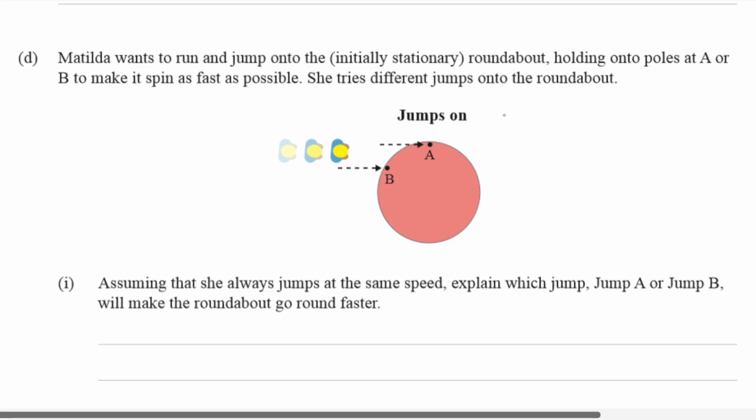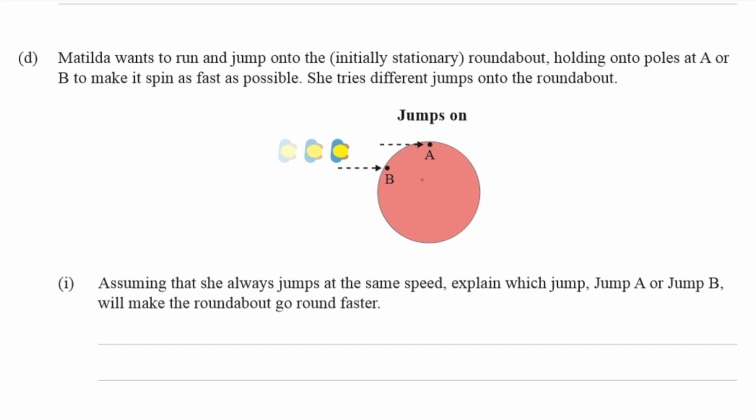And final question, Matilda wants to run and jump onto the initially stationary roundabout. Okay, so slightly separate scenario, and holding on to poles A or B. She wants it to spin as fast as possible. Okay, so thinking about that, where would you jump?